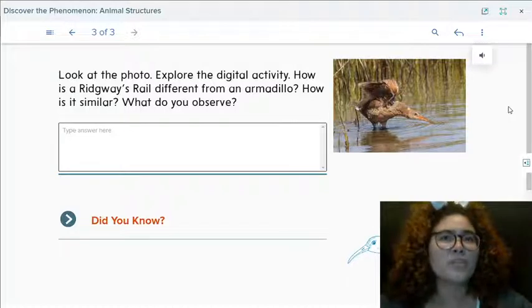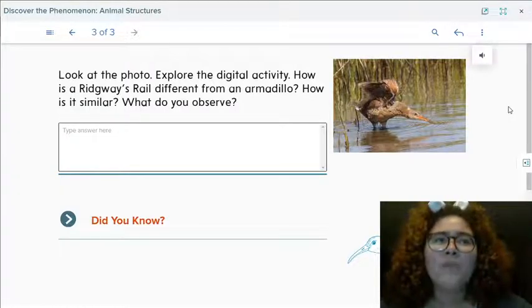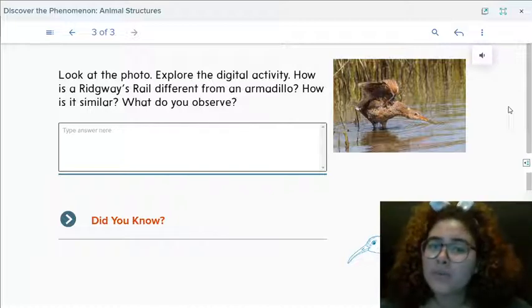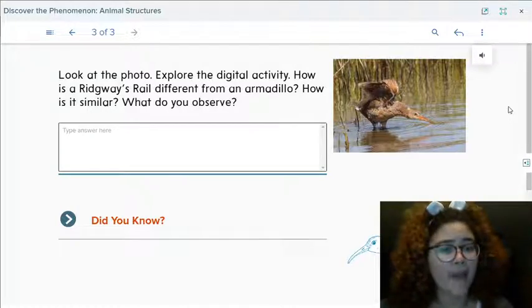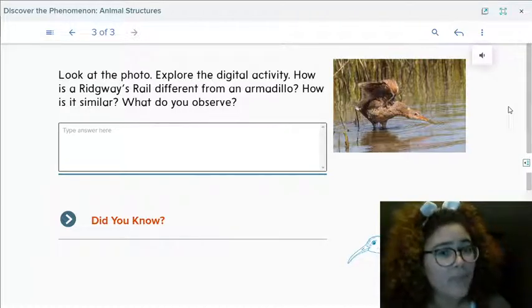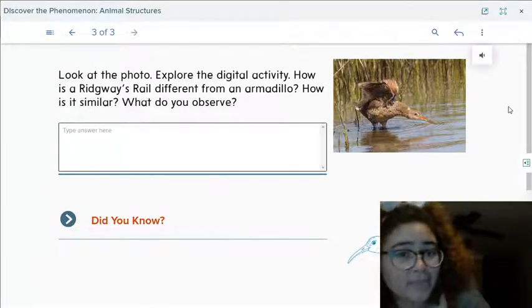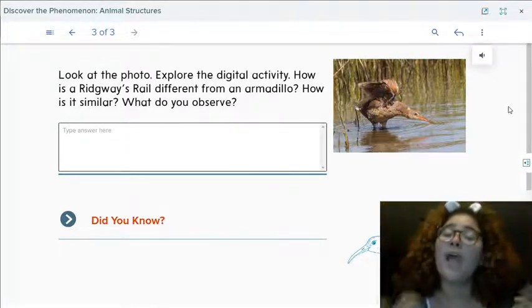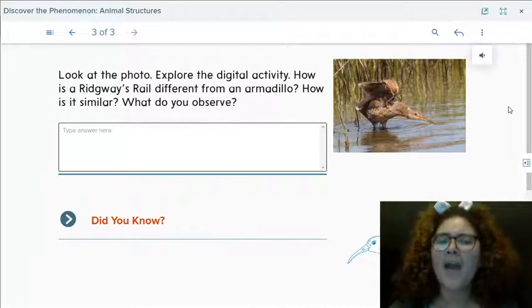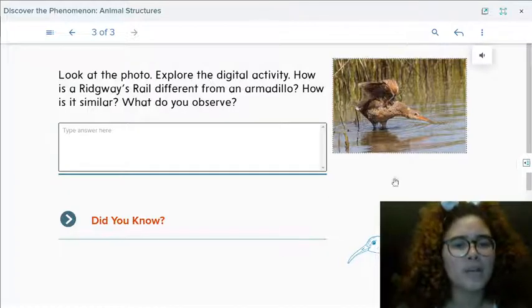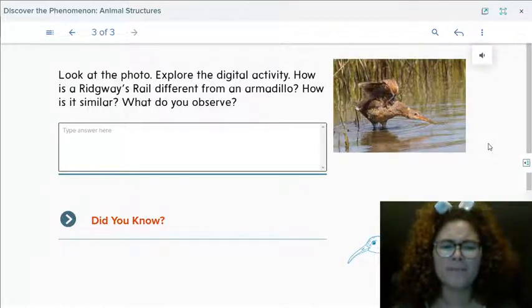The first question was, how does a Ridgway rail get its food? That's the first question you have to ask yourselves and then answer. Okay, guys? Make sure to answer it in your notebooks. And then you're going to tell me, how is the Ridgway rail, the one we saw here, different from an armadillo?